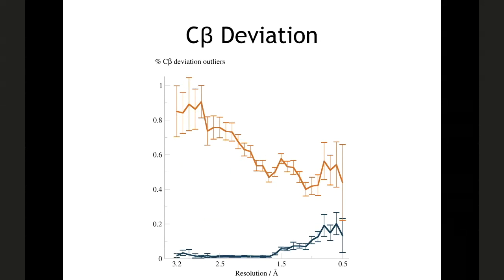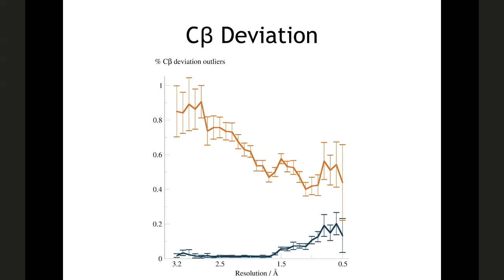And so that is pointing to the fact that the restraints' standard deviations are very much pushing the geometry in that direction. However, the C beta deviation in Amber is always larger.